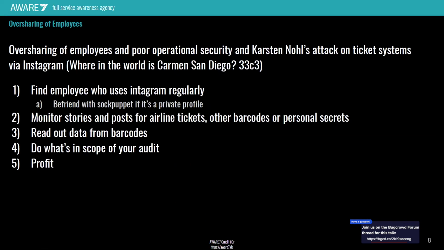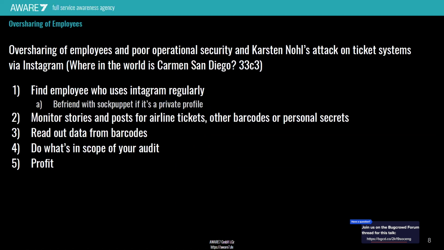The next case we have is oversharing of employees and poor operational security, because they don't know that there is actually valuable data. It's the attack from Carsten Knoll from 33C3. His talk was titled "Where in the World is Carmen Sandiego?"